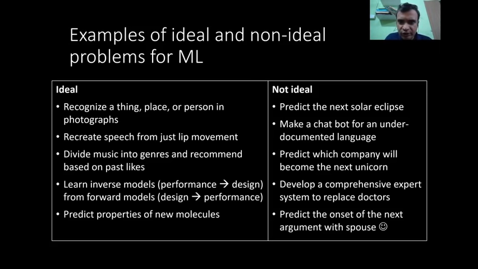That's not a trivial problem, right? But if I have lots of forward designs, with design and performance paired together, and I have this not just from real motors, but I can simulate this in physics software, now I can take all these thousands of examples of motor designs and their performance characteristics to actually go back from performance characteristics to motor design.